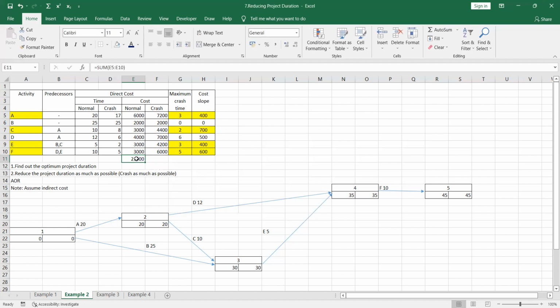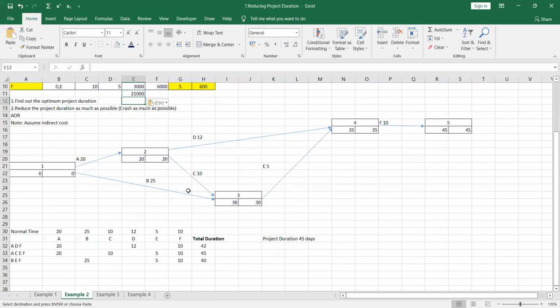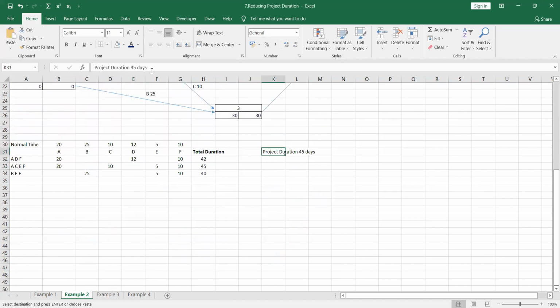The normal cost summation is 21,000. So the cost is Rupees 21,000.